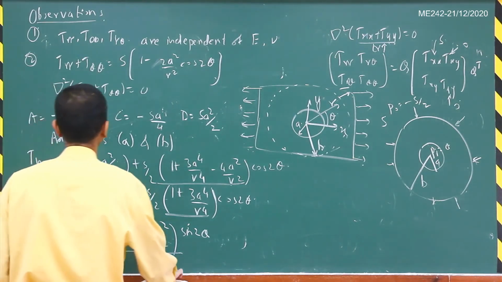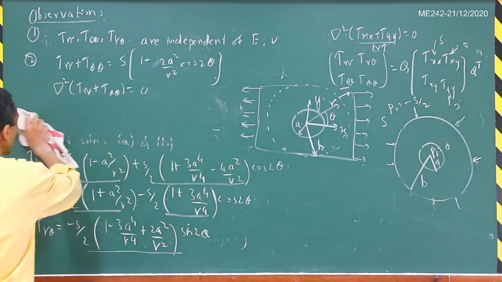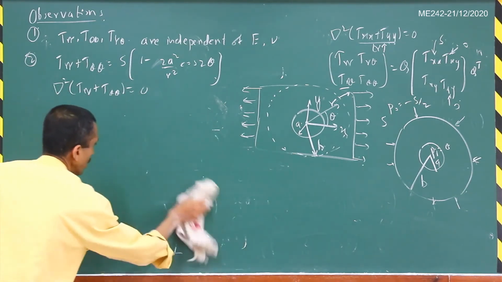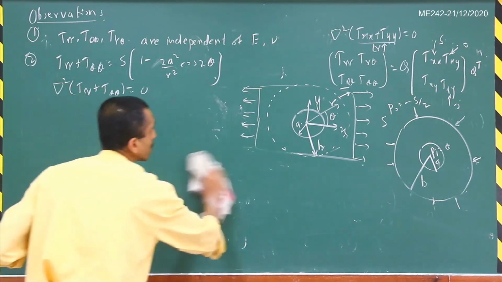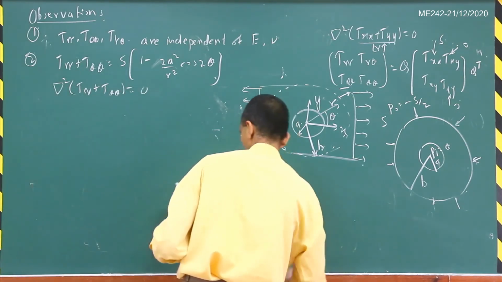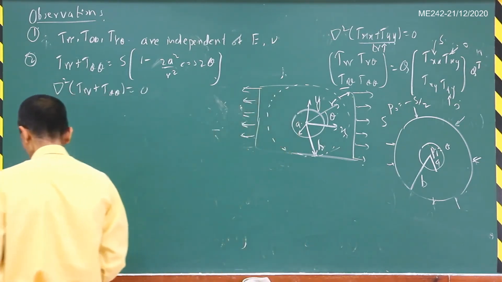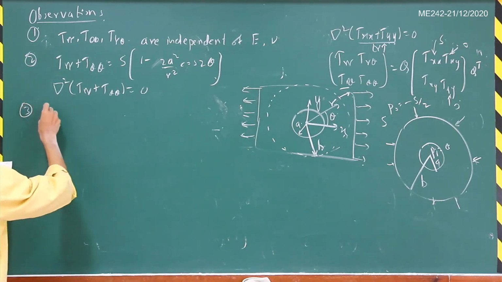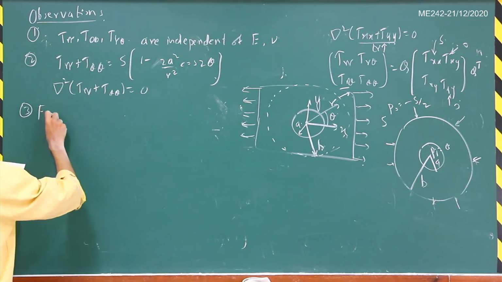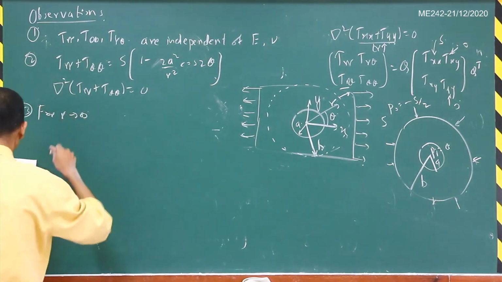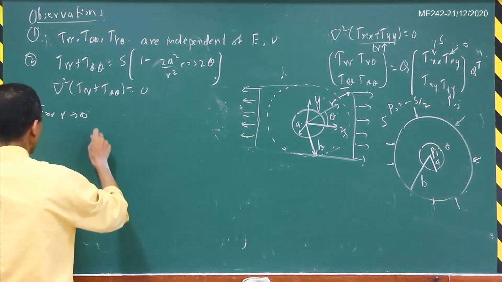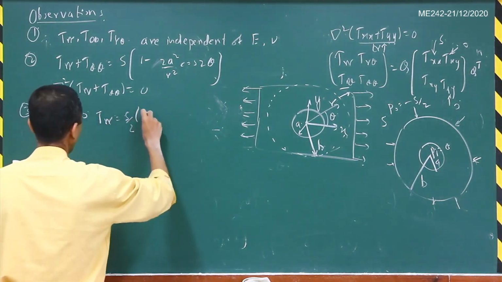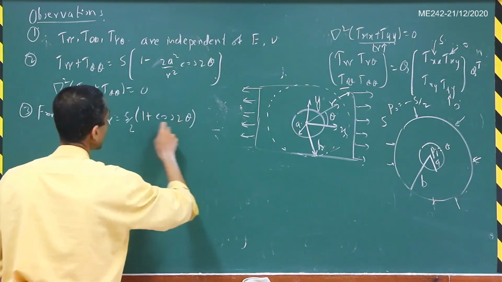Then what about the far field conditions that you will get? So let us see those things also. Okay, so as r tends to infinity, you will get tau r is equal to S by 2 times 1 plus cos 2 theta. So this is just a verification, right?